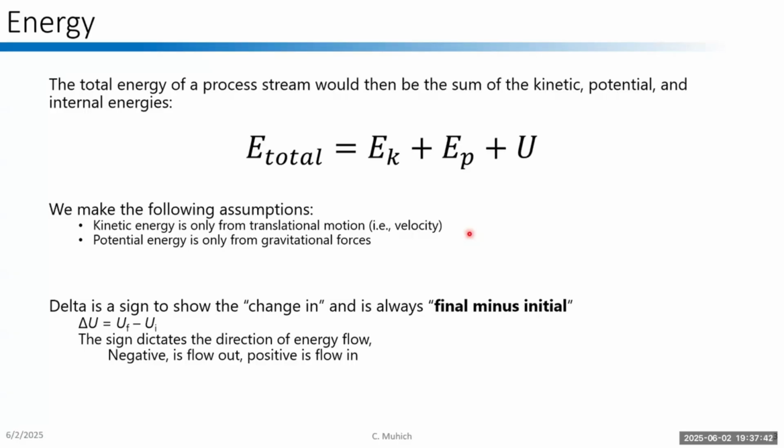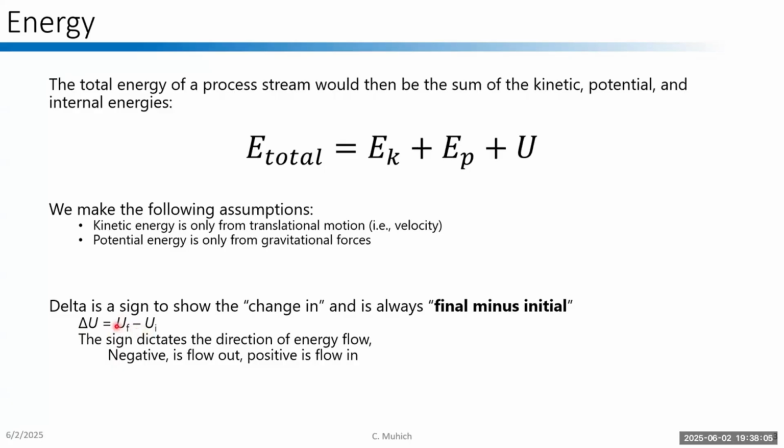I also want to make a comment that throughout the rest of this class, in chemical engineering and chemistry in general, delta, this sort of triangle, shows a change in something. So if I look at a change in internal energy, I'm looking at the final minus the initial.